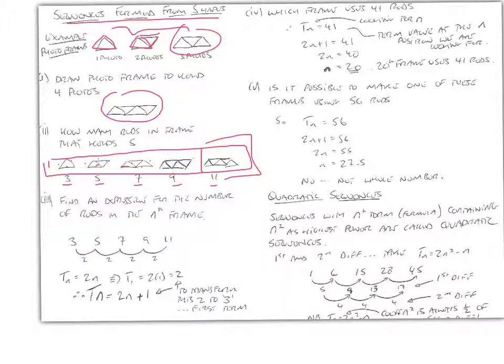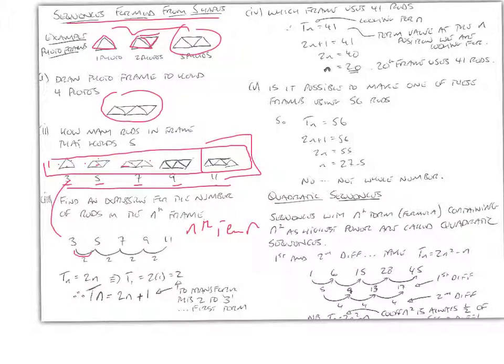Now we're asked to find an expression for the number of rods in the nth frame. In other words, find the nth term rule. So if we take these values down here, we have 3, 5, 7, 9, 11 as the sequence of rods.